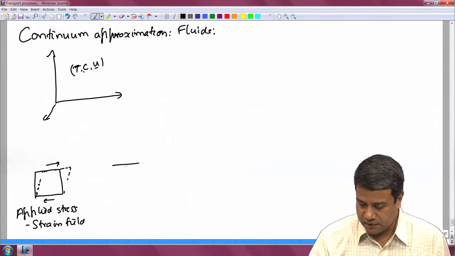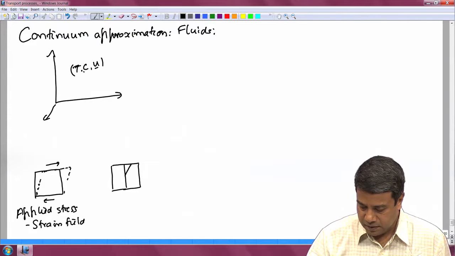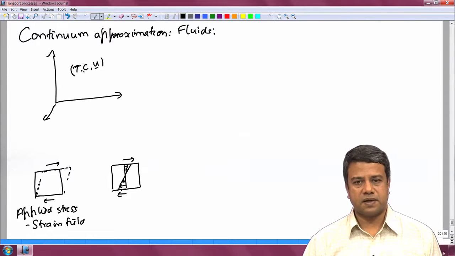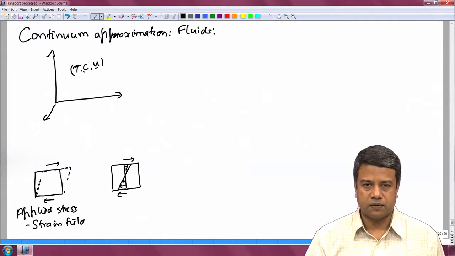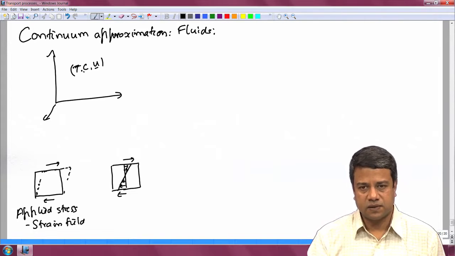Whereas, to a fluid, if you apply a stress, there is a continuous velocity. As long as stress is applied, the fluid will continue to flow. It will not stop as long as stress is applied. Of course, if you remove the stress, then it will come to a rest.